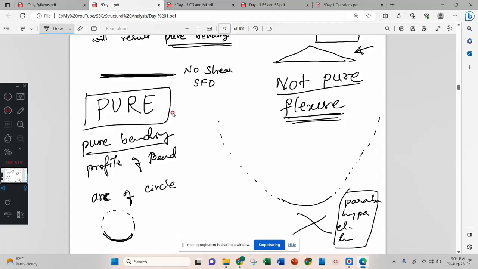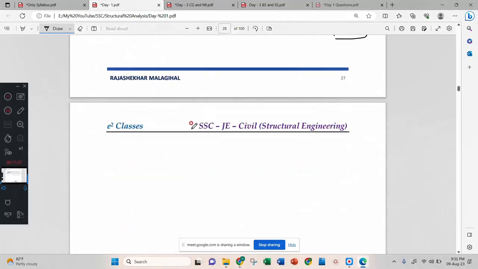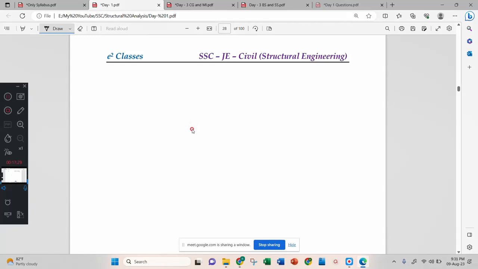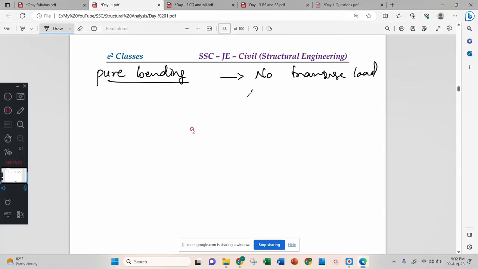In pure bending, we will always have an arc of a circle. It might be this way or this way, but whenever there is a bend that you can complete, you will get a circle. Understood? Now you understood the meaning of pure bending. Pure bending means no transverse loads, and no transverse loads means no shear.